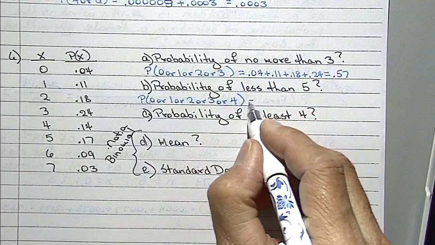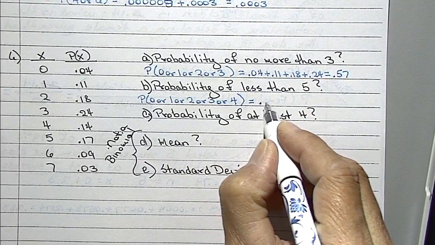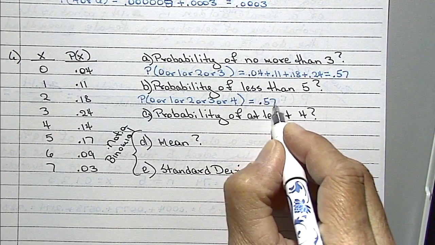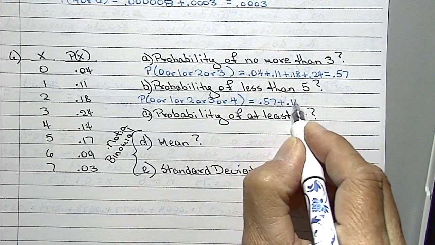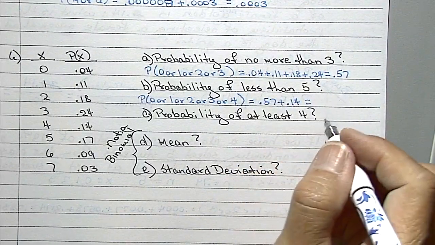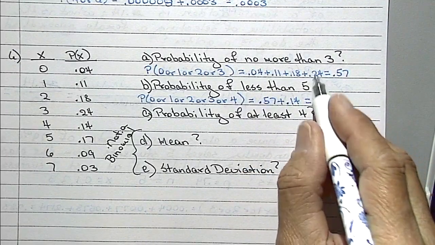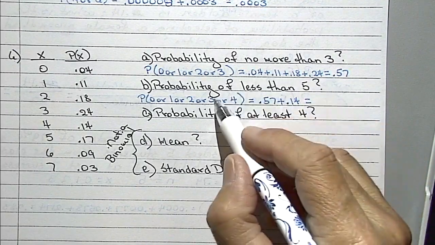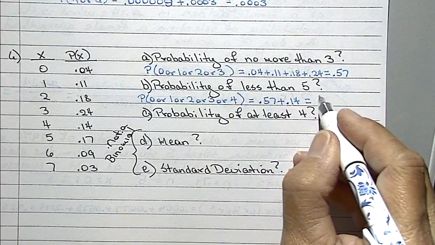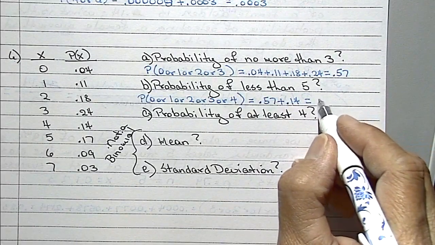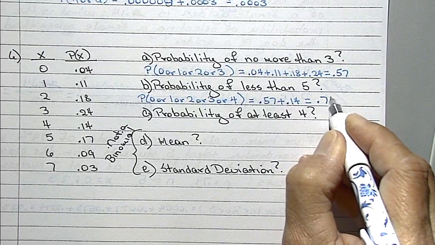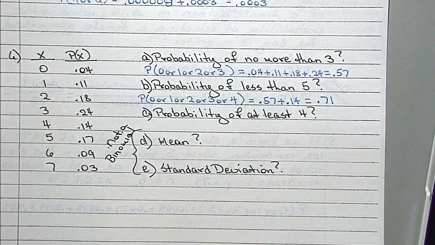Isn't that going to be equal to, this is 0 through 3. If I add 4 to it, that's really all I have to do, because I've already done 0 through 3. This one is 0 through 4. And as I do that, I find it is 0.71. Are you good with that?